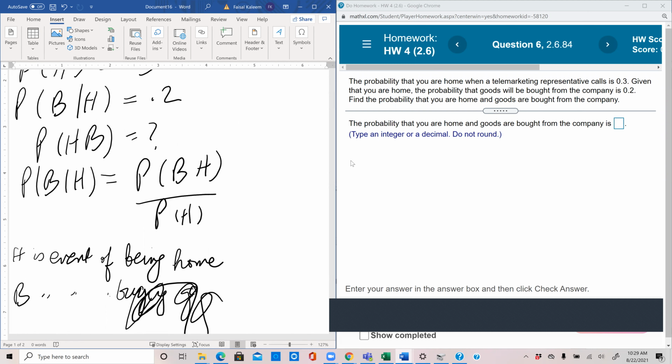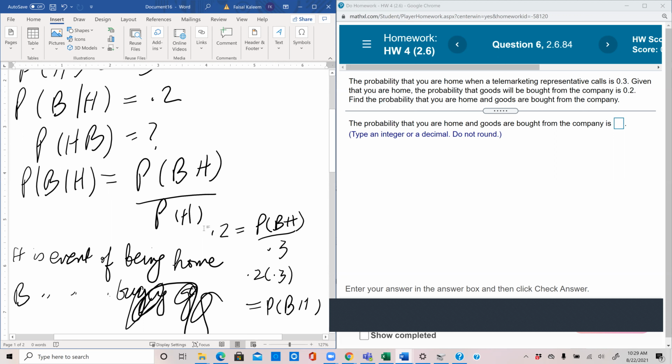So 0.2 is equal to probability of B and H divided by probability of being home, which is 0.3. So 0.2 times 0.3 equals probability of B and H. This 0.3 gets multiplied on both sides. So 0.2 times 0.3 is 0.06.